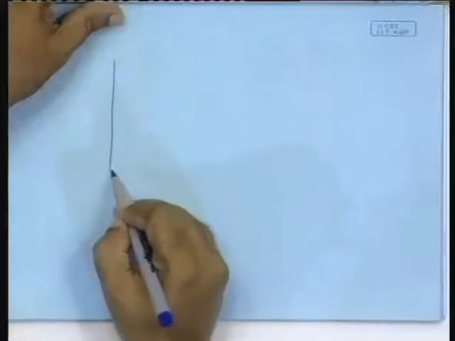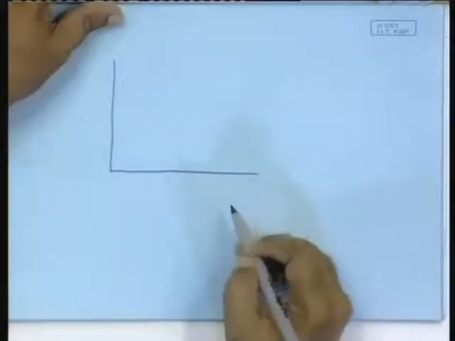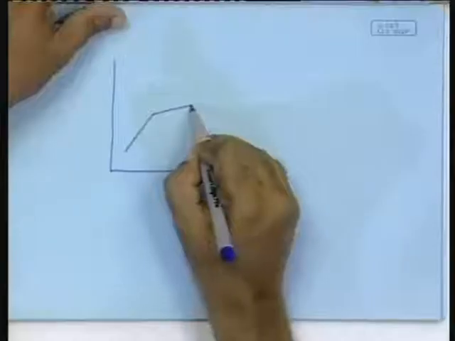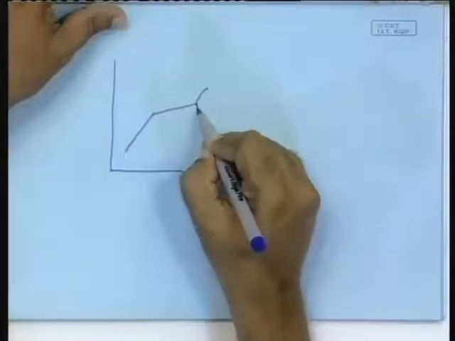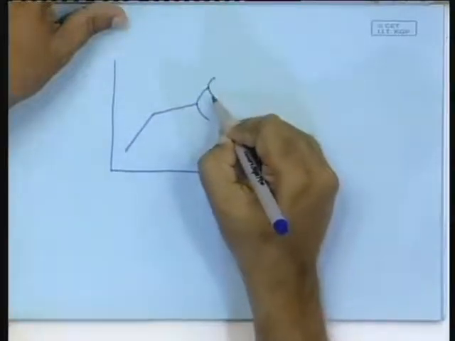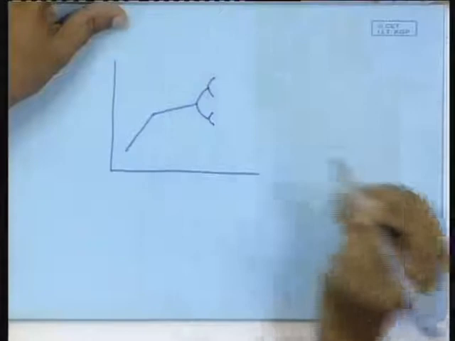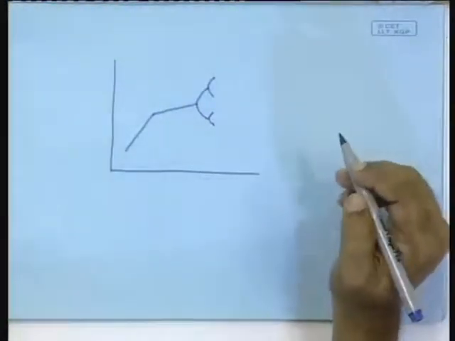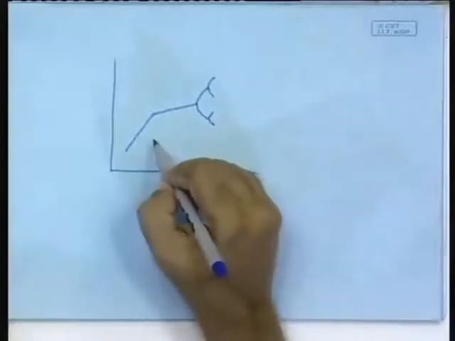For example, suppose a bifurcation diagram is observed in a physical system, not the normal form now, which goes like this. Then based on what we have learnt, can we infer anything about what is happening here?